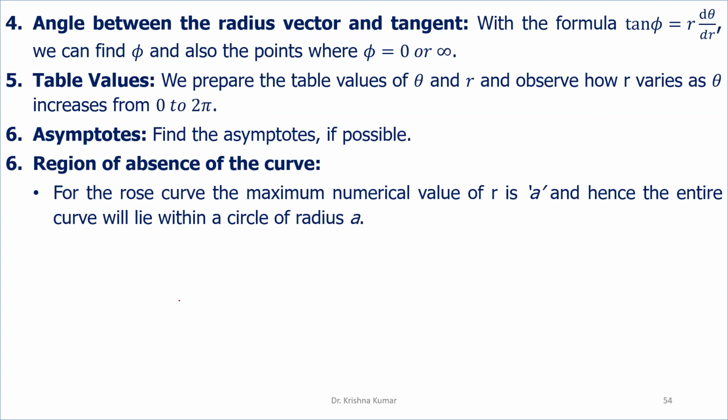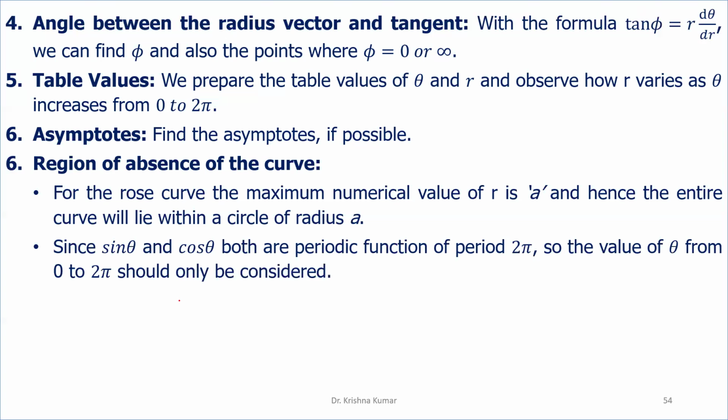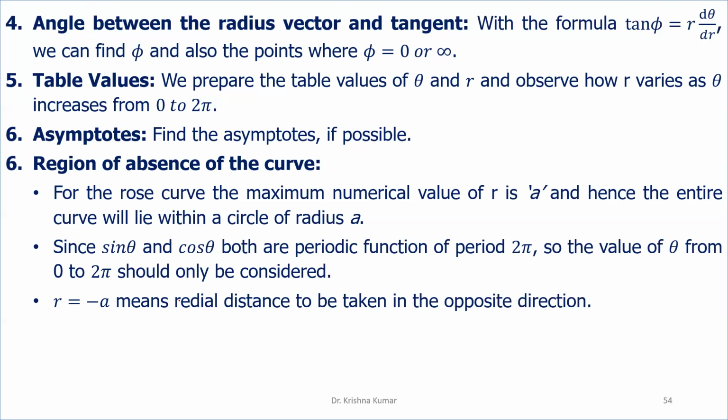Since sin theta and cos theta are both periodic functions of period 2 pi, only values of theta from 0 to 2 pi should be considered, because going beyond 2 pi will just repeat the same thing.